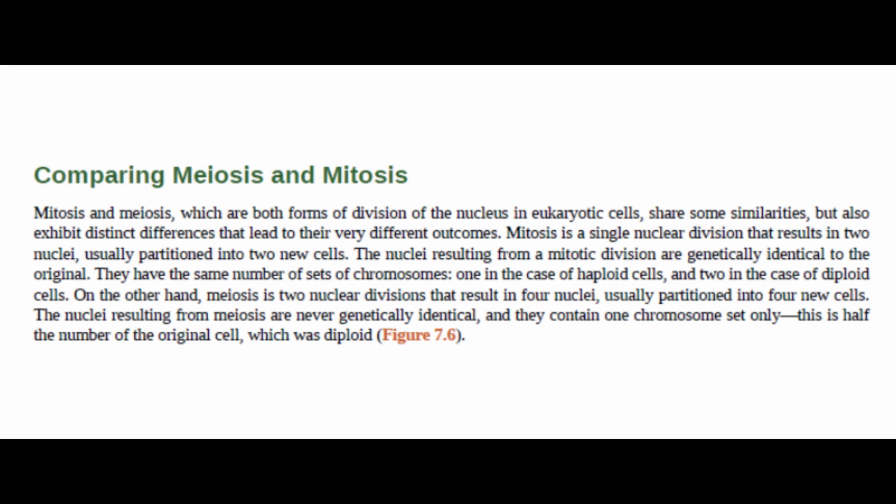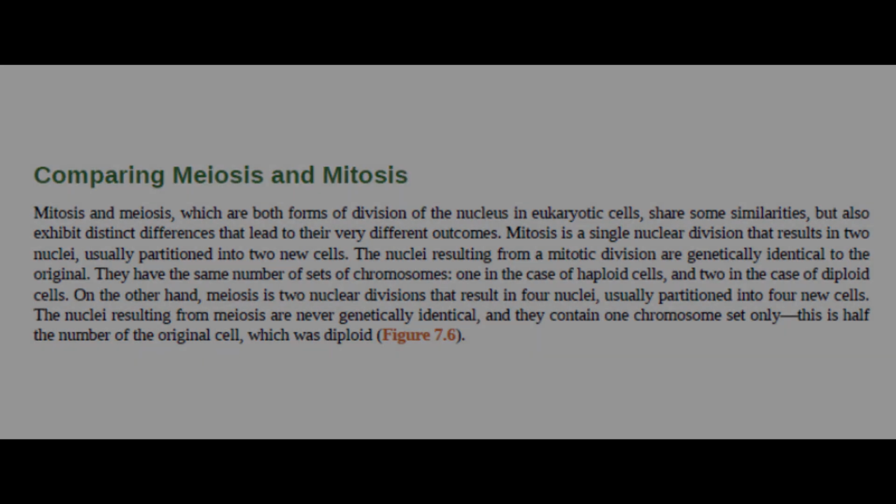They have the same number of sets of chromosomes, 1 in the case of haploid cells and 2 in the case of diploid cells. On the other hand, meiosis is 2 nuclear divisions that result in 4 nuclei, usually partitioned into 4 new cells. The nuclei resulting from meiosis are never genetically identical, and they contain 1 chromosome set only. This is half the number of the original cell, which was diploid.